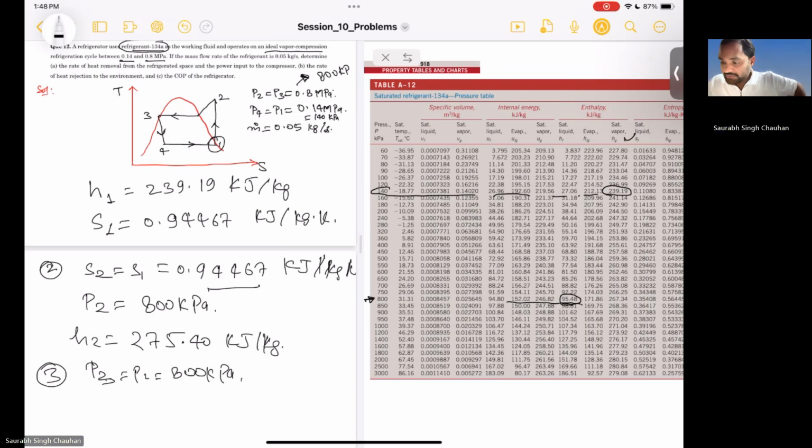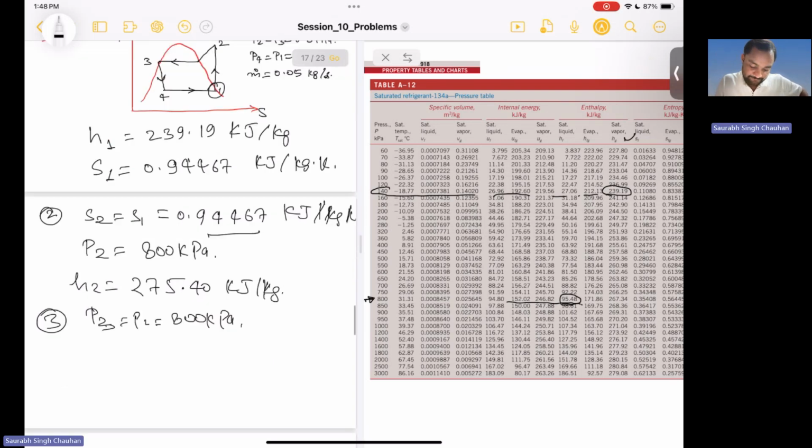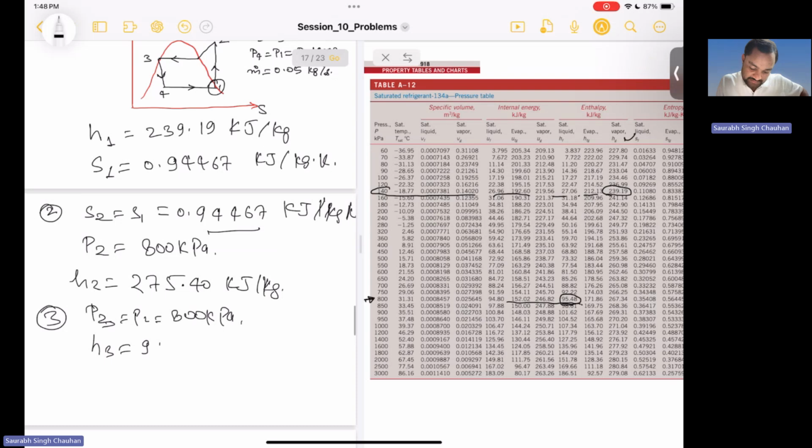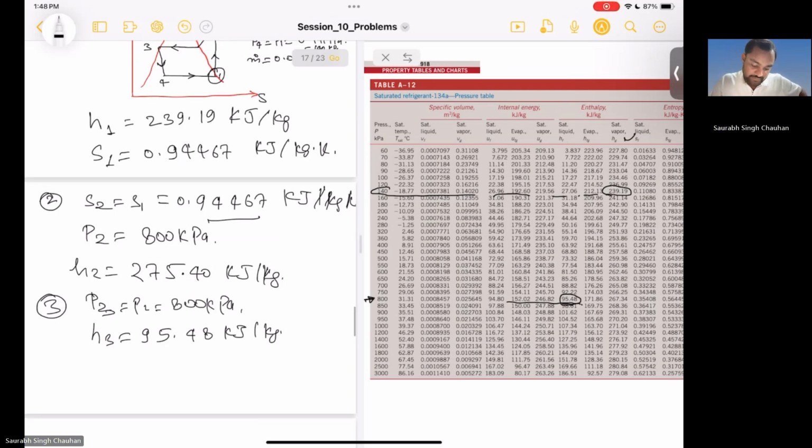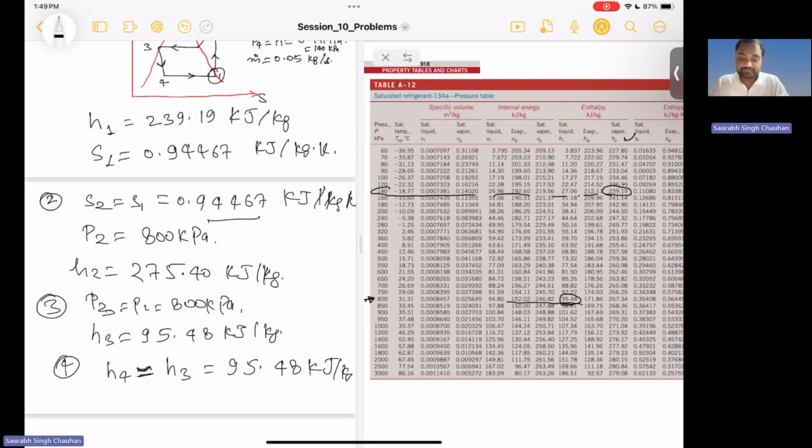This is 95.48. So H3 is 95.48 kilojoule per kg. And from 3 to 4, this expansion process can be considered to be isenthalpic. So H4 will be nearly equal to H3. So this can also be taken as 95.48 kilojoule per kg.